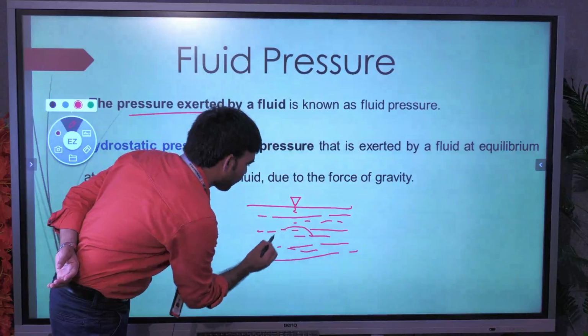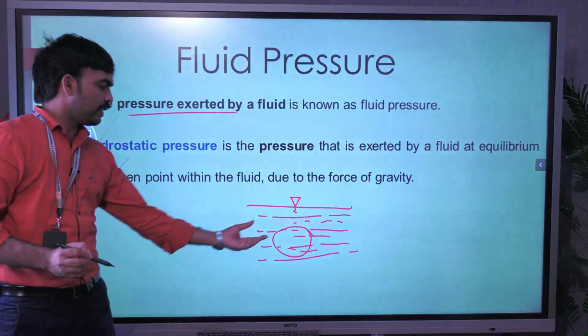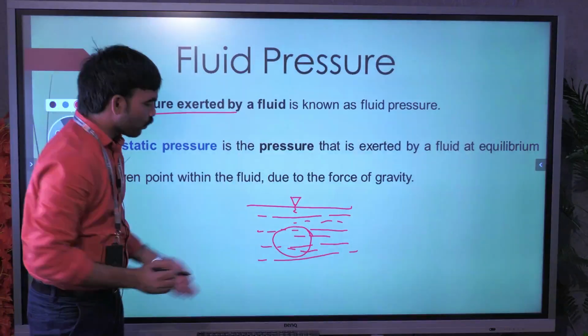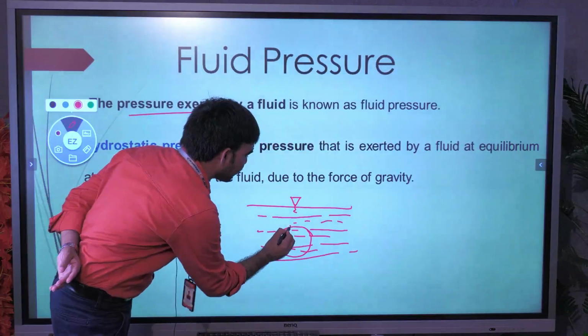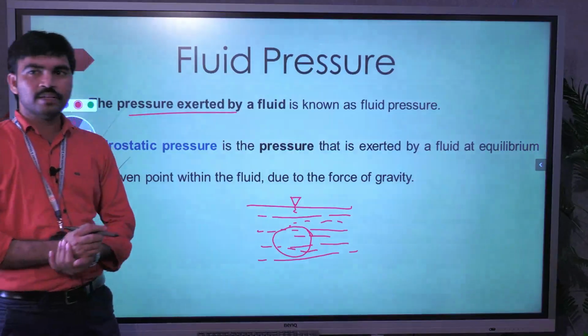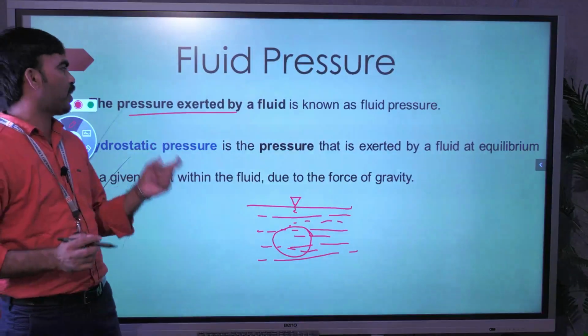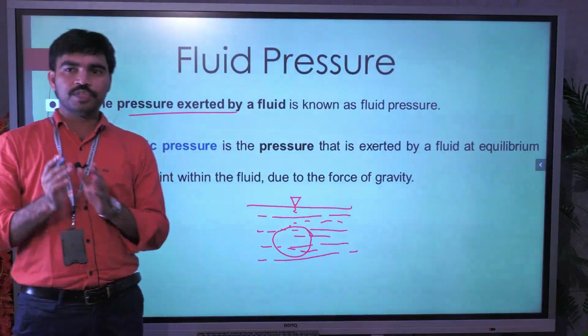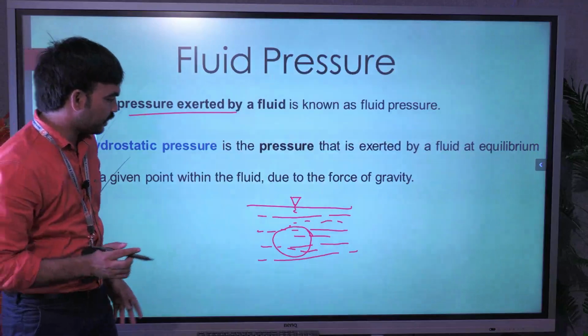There is some rock present at the bottom of the canal. The fluid passing through this canal exerts some pressure on this solid body present in the fluid. That you can call fluid pressure. So fluid pressure is the pressure exerted by the fluid, right?